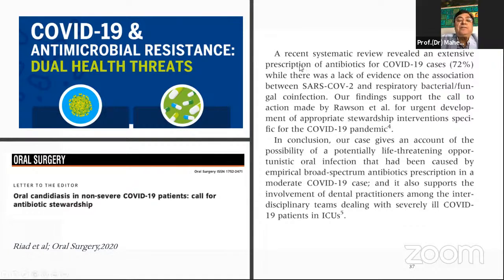So I'm going to wrap it up pretty soon. I want to talk a little bit about this slide. During the pandemic, there was an increase in oral candidal infections. People initially thought it was bacterial, so they started using antibiotics left, right, and center.